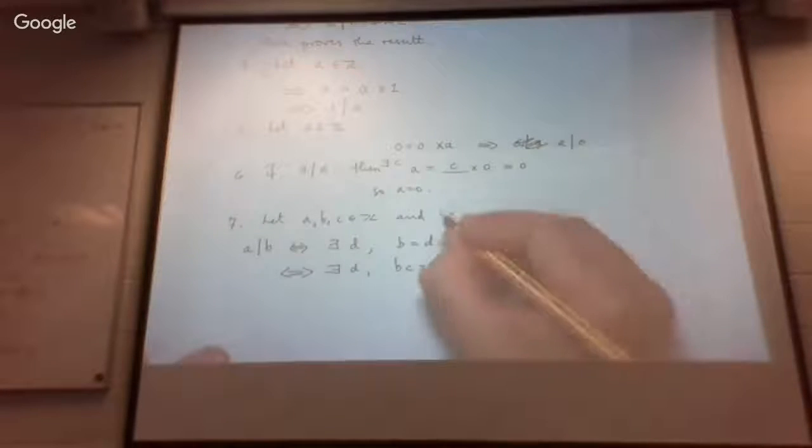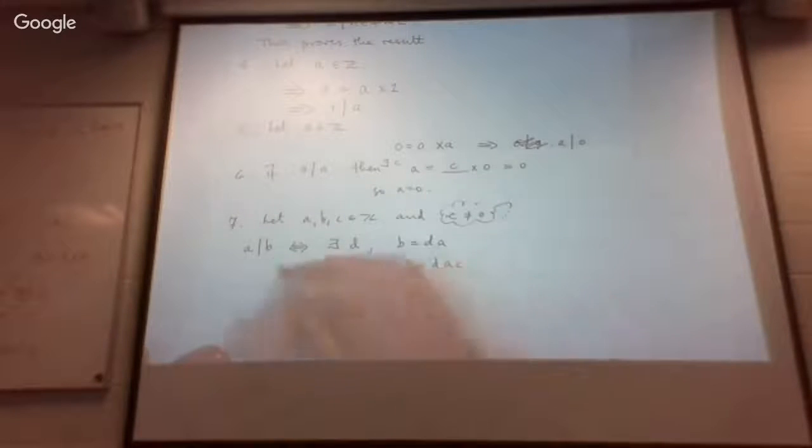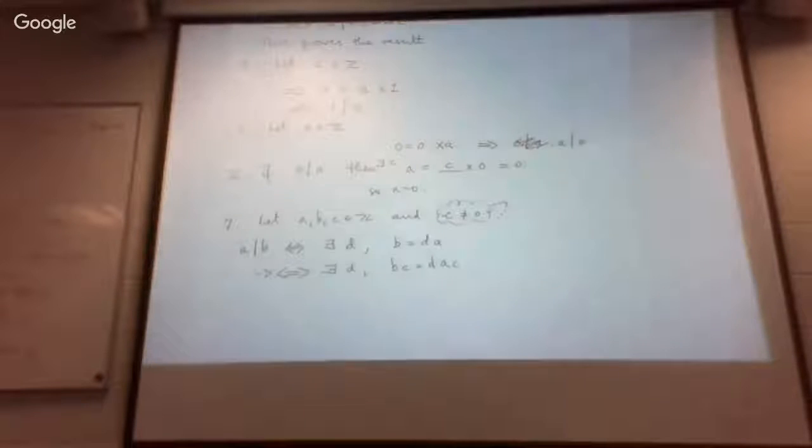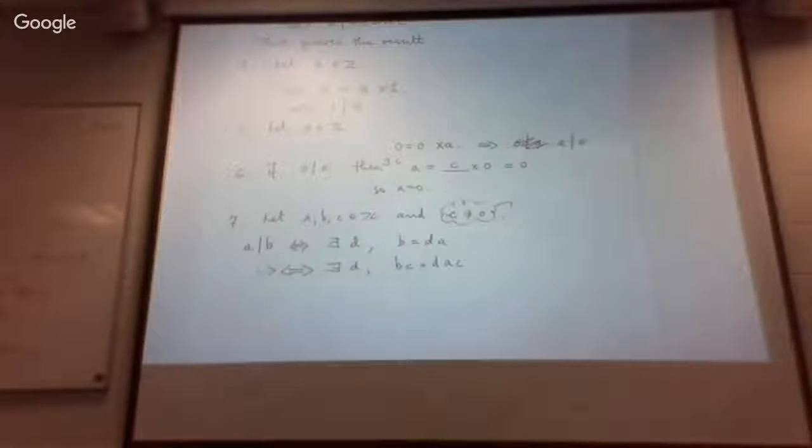So C being non-zero is important in this equivalence. If we weren't certain that C was non-zero, we couldn't say that this implies this. Okay, you clear that? Because like 5 times 0 is equal to 2 times 0.